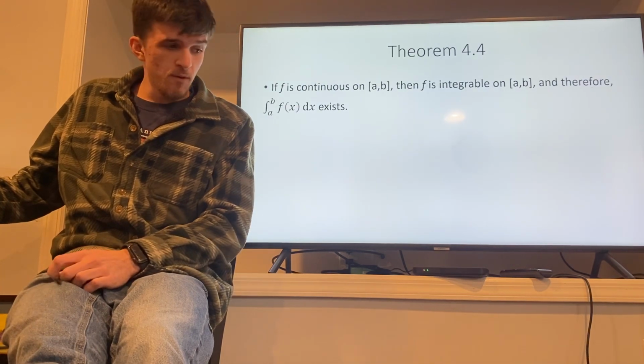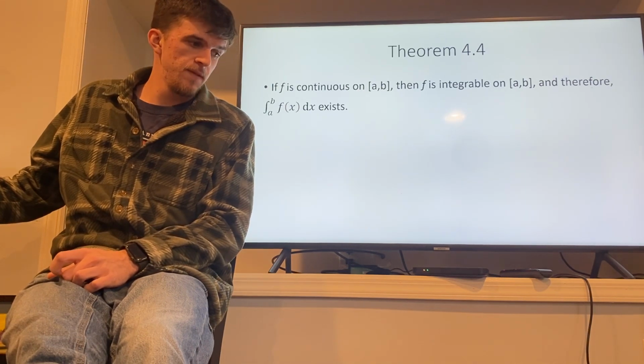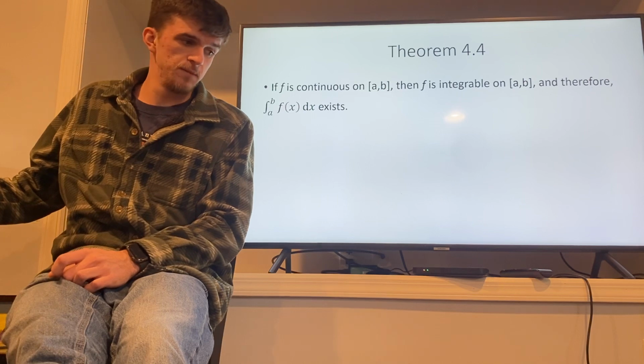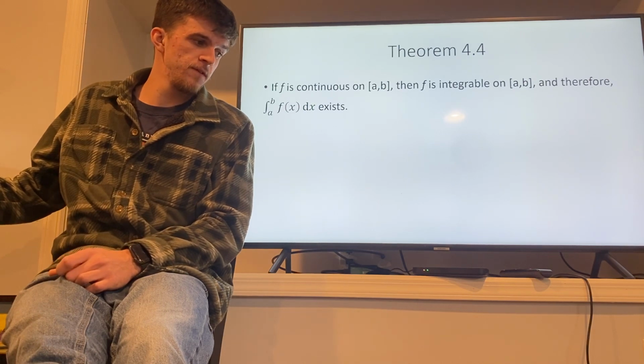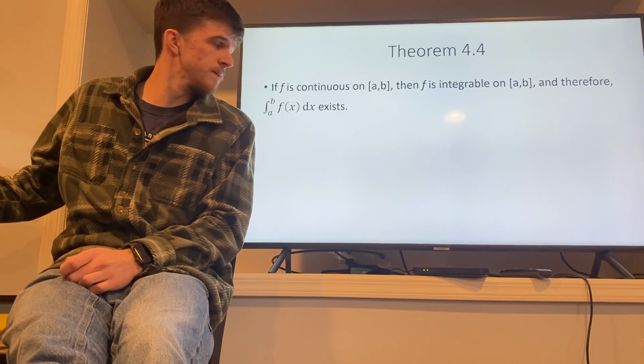So Theorem 4.4 states, if f is continuous on a closed interval [a, b], then f is integrable on the closed interval [a, b]. Therefore, the definite integral of f from a to b exists.